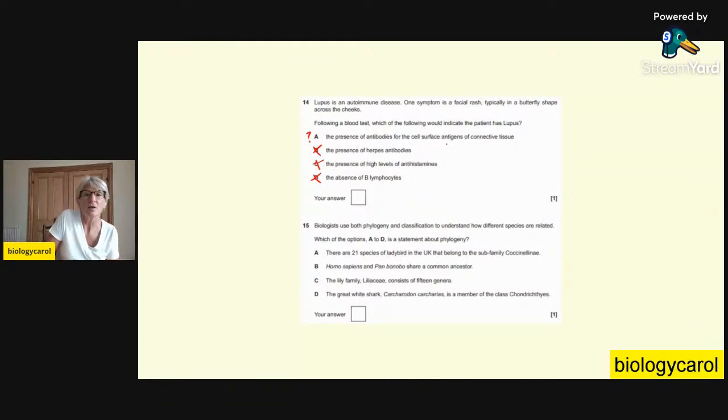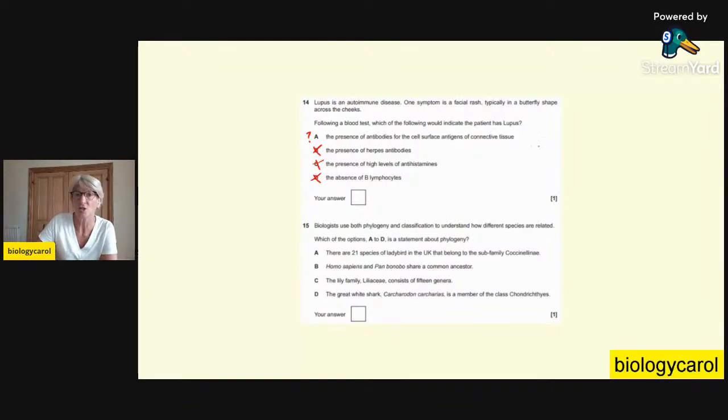And notice that actually this makes more sense the more you think about it, because we've got the presence of antibodies for the cell surface antigens of the connective tissue of the person suffering the disease, because it's an autoimmune disease.